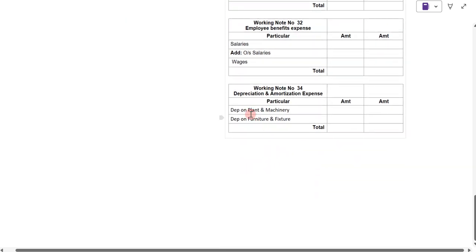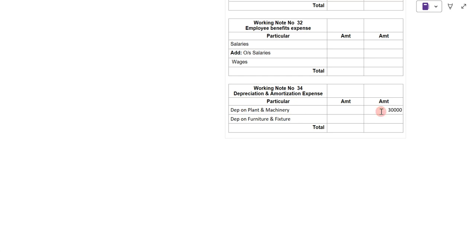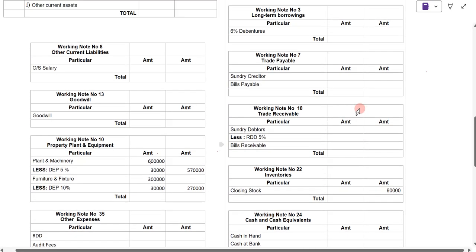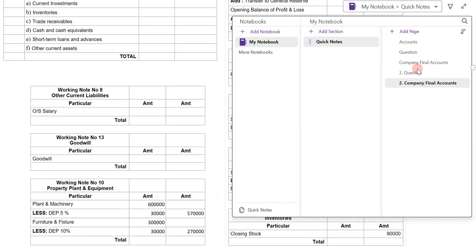Note number 34 is depreciation and amortization expenses. So depreciation for plant and machinery at 5% is 30,000 and furniture at 10% is 30,000. So the second effect we have posted in the respective working note.